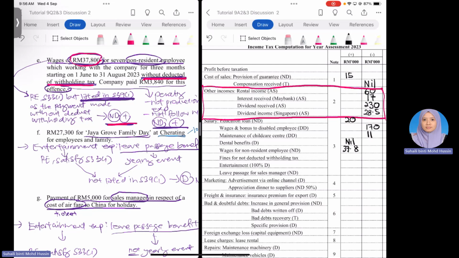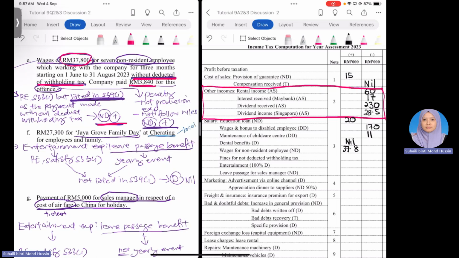And then because you forgot to deduct the withholding tax when you paid the wages to the non-resident employee, you have to pay another amount, 3,840, for these expenses. This is something like a penalty amount. Because you did not follow the rule, you have to pay an additional amount of 3,840. And of course, the penalty for breaking the rule is not allowed for deduction.